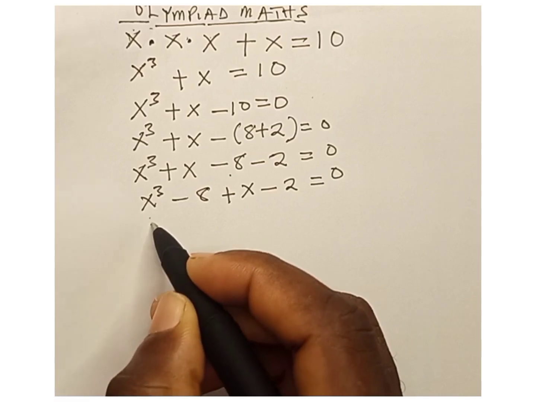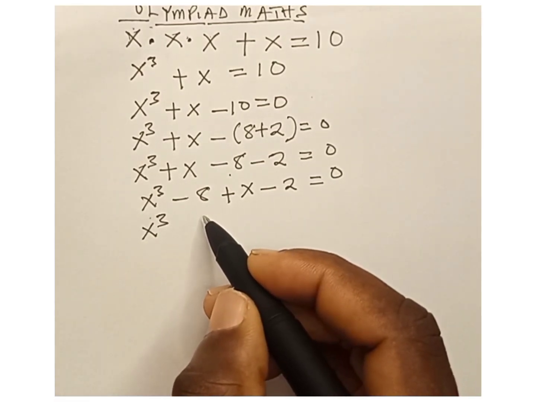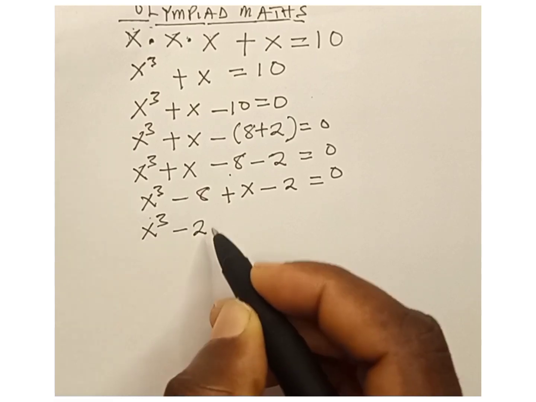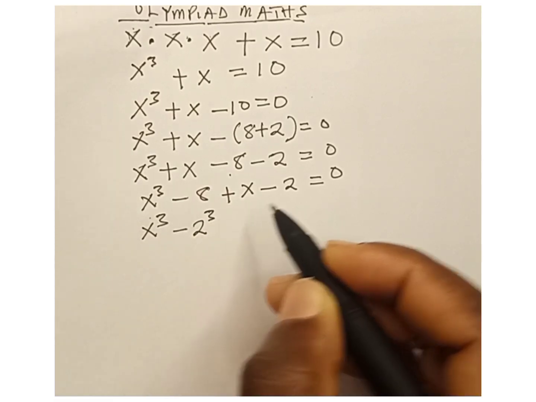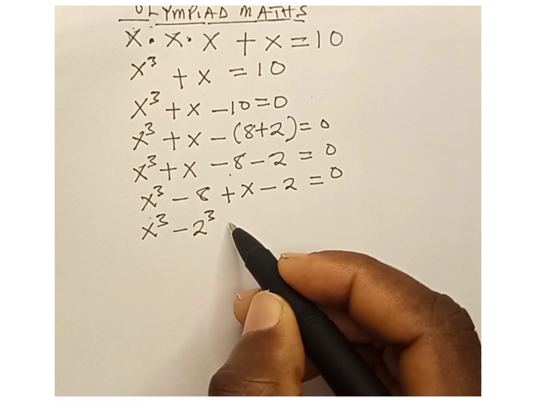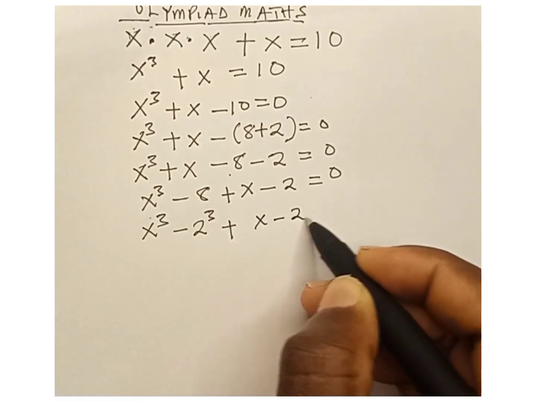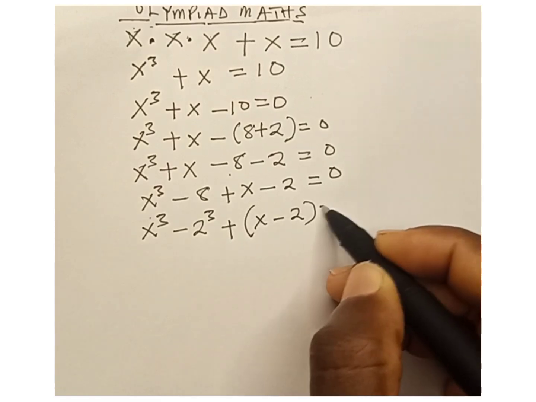So we can write this as X raised to power 3 minus 2 raised to power 3, which is 8, then plus X minus 2 equals to 0.